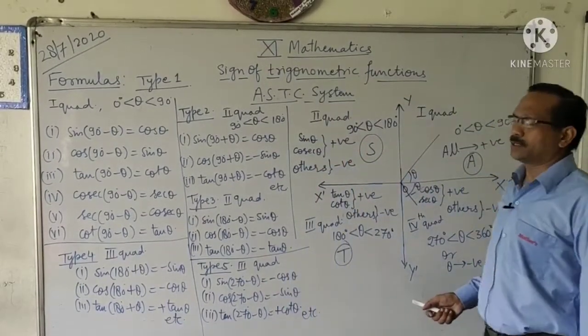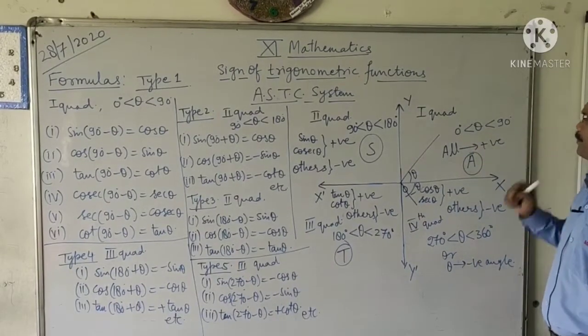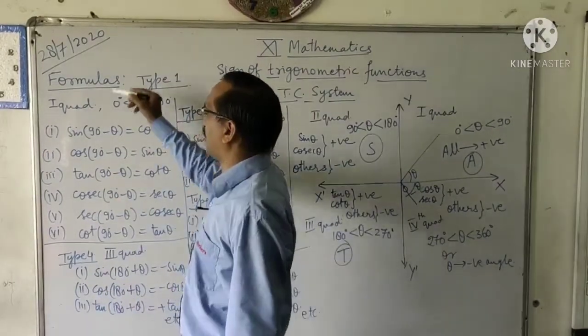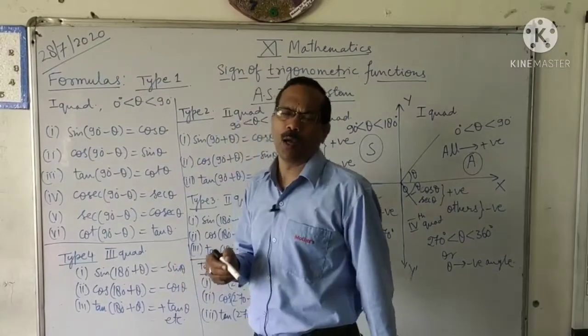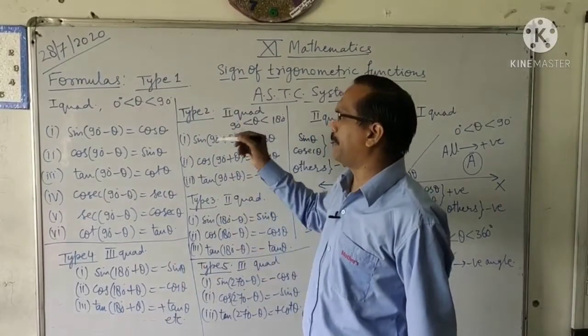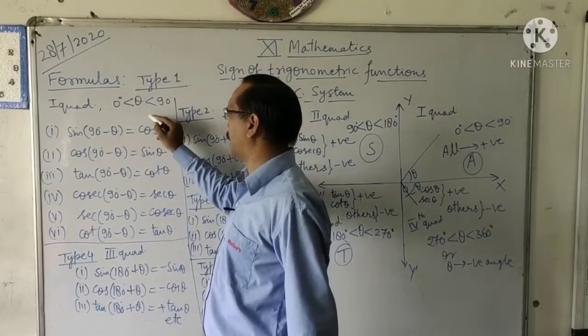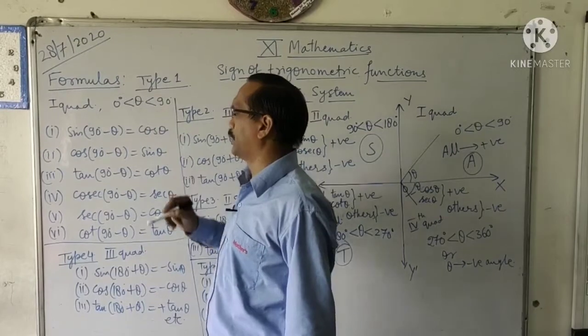That's why the fourth quadrant is considered a negative angle also. Now students, on the basis of this quadrant system, we will learn all these formulas. There are a number of formulas and we have divided them according to type. So type 1 is the first quadrant, theta is less than 90 degrees and greater than 0 degrees.